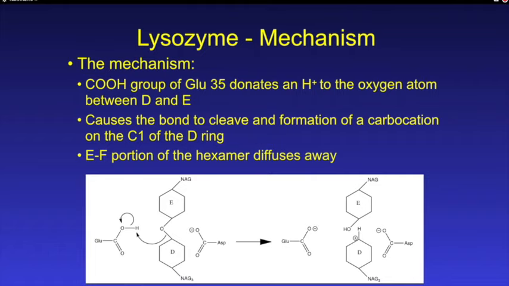The mechanism of this: the glutamate initially reacts in such a way that it donates a proton, so it acts as an acid. If I didn't actually write the amino acid, I would have put H+. The aspartate, on the other hand, is not going to attack anything.